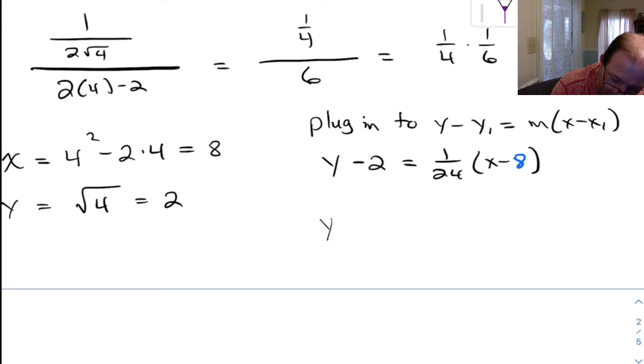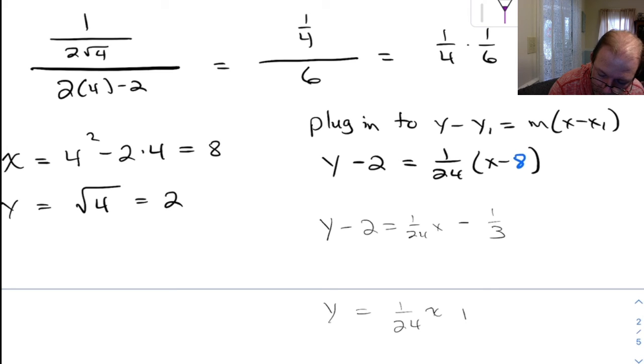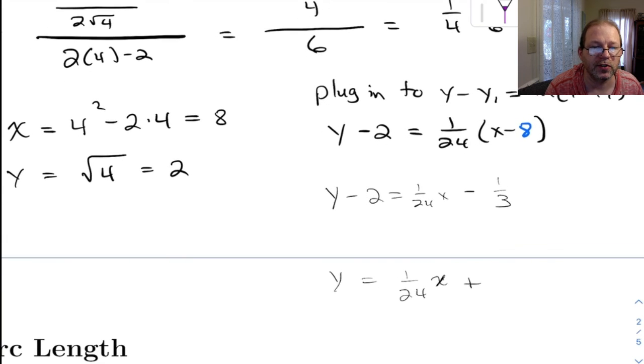So I get y minus 2 equals 1 over 24 times x minus 8, and 8 over 24 is 1/3. Now if I add 2 onto that, 2 is 6/3 minus 1, so plus 5/3.